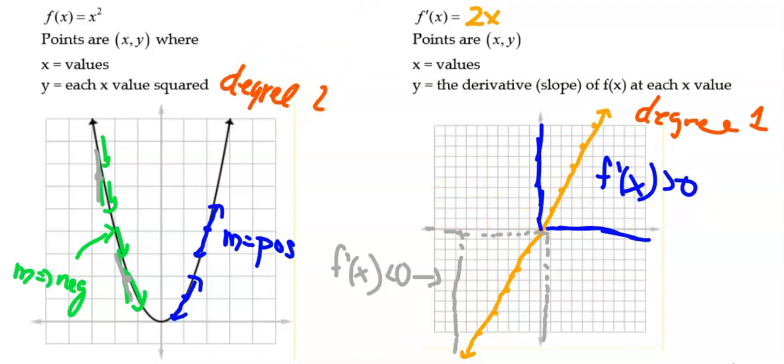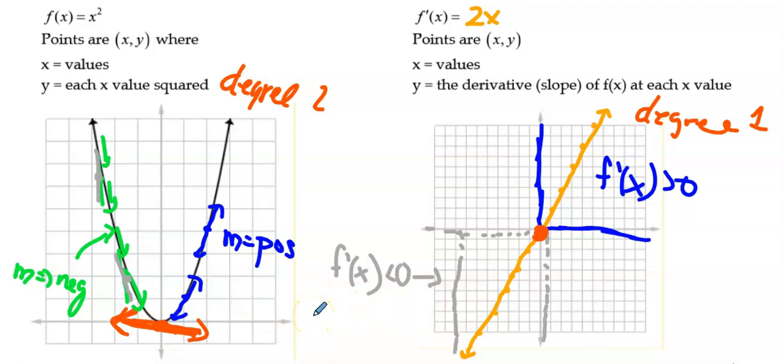If I look again at this bottom part, at x equals 0 the slope of the tangent line is 0, and this value right here is actually at 0. So whenever we cross the x-axis, that tells us we have a max or a min for our derivative graphs. Hopefully that makes sense.